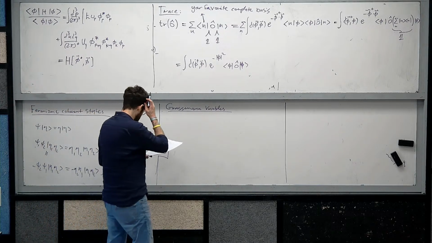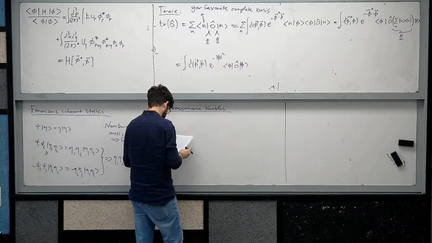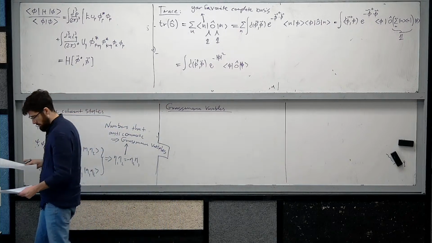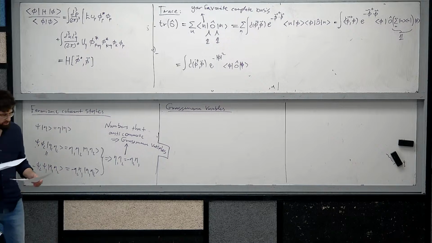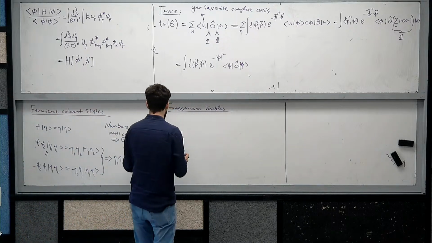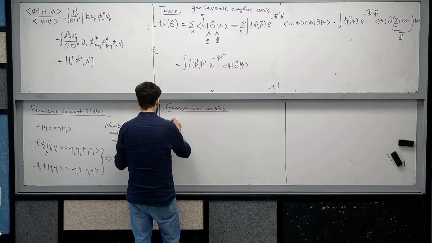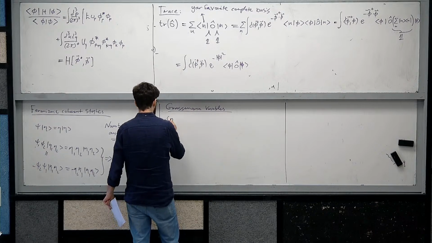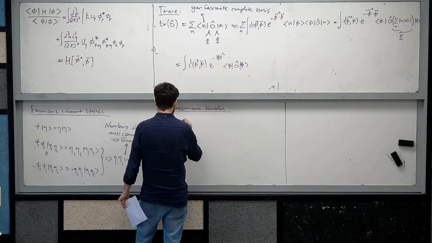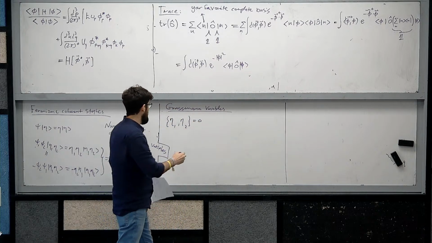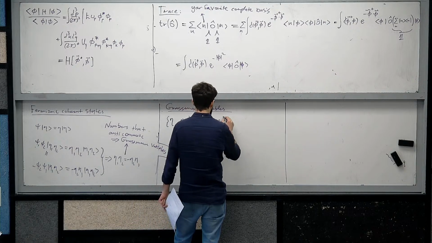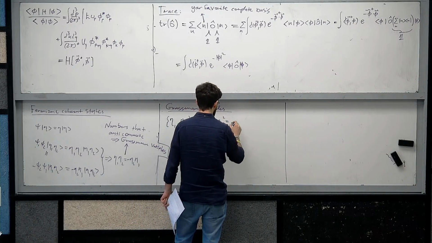So the first thing is, okay, so we want eta 1, eta 2 to be equal to minus eta 2, eta 1, which implies that eta j squared is 0.